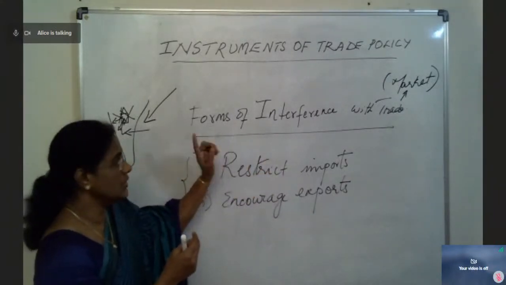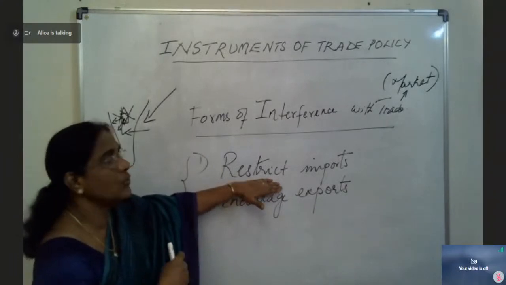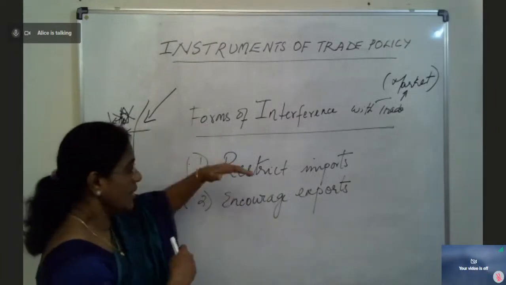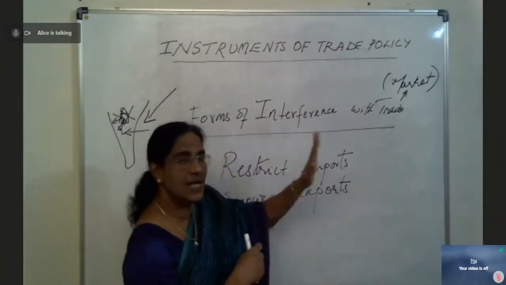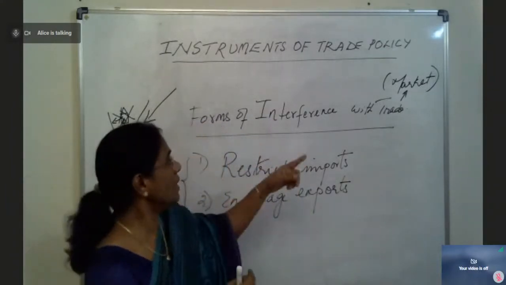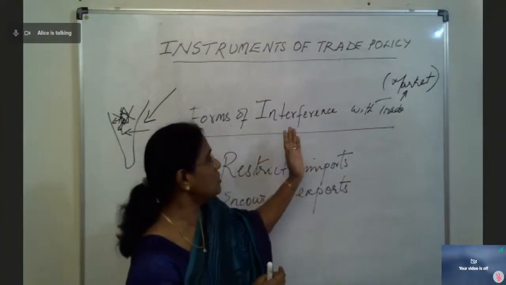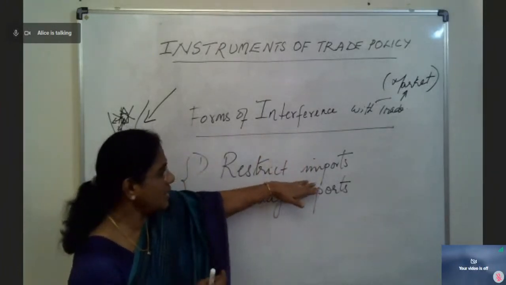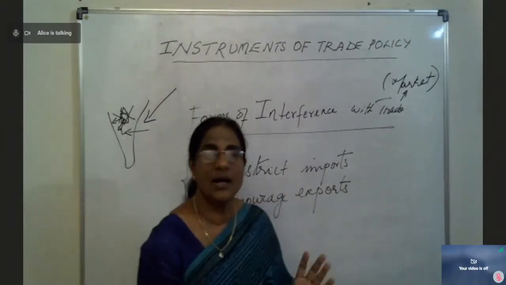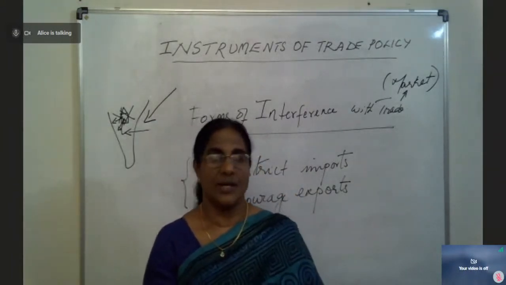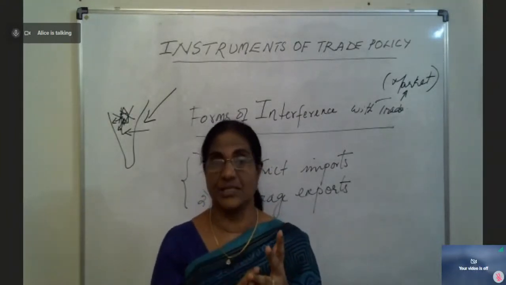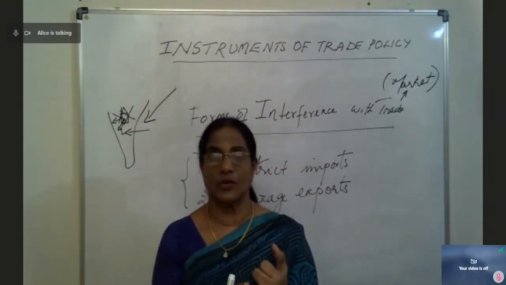It may be for restricting imports. For this reason, it may be encouraging exports. So generally, instruments of trade policies are forms of interference with trade, either to restrict the imports or to encourage the exports. So we have discussed two terms: free trade and protectionism.